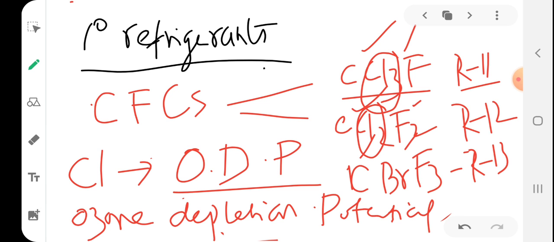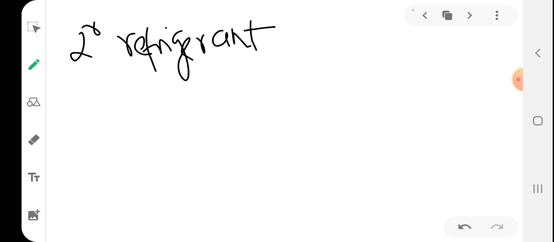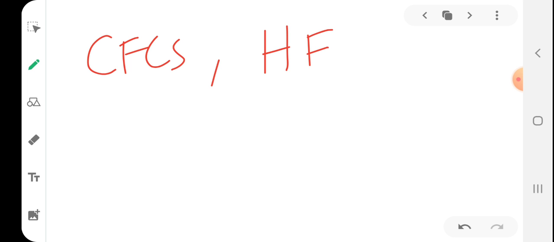So in order to counter this problem, later on these CFCs started to get substituted by compounds which have far fewer chlorine atoms. In order to reduce the chlorine atoms, we have to substitute the chlorine with hydrogen. So later on, instead of CFCs, HFCs started to get used.